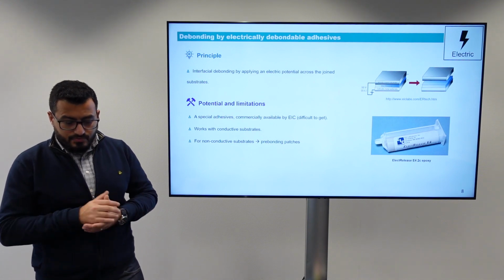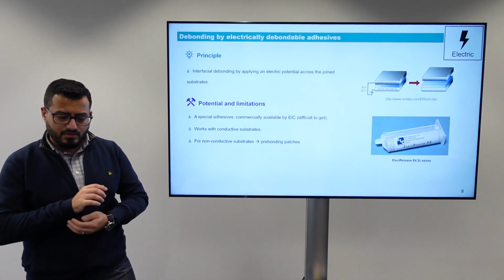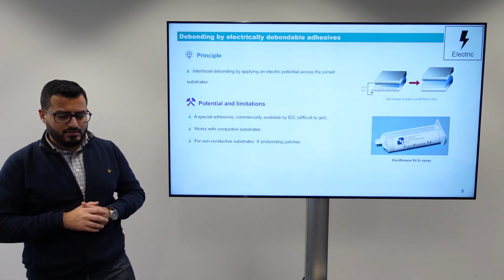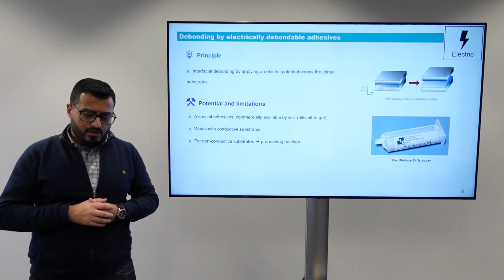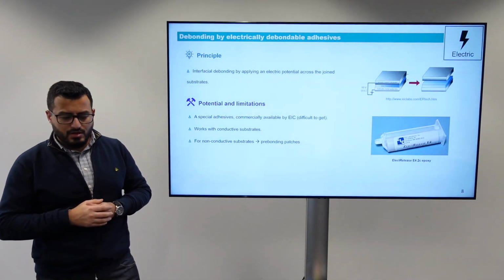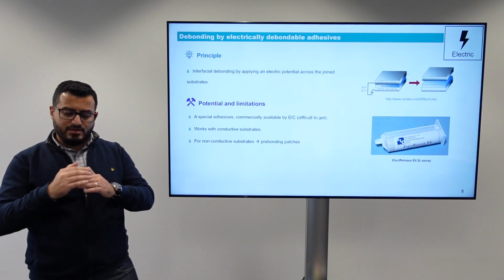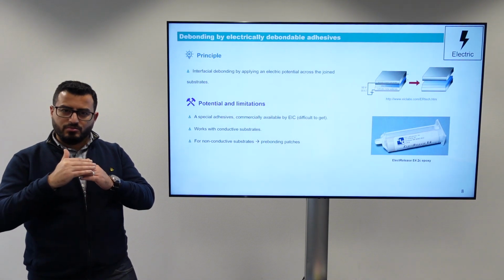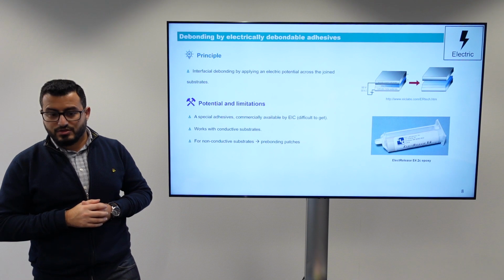Of course, these are special adhesives, so the commercial availability is a little bit limited by the quantities supplied by EIC, so it's a little bit difficult to get. And it only works with conductive substrates. Of course, there are certain solutions. If there are non-conductive substrates, there are pre-bonded patches made up of this adhesive sandwiched between two conductive substrates, and then this complete patch can be bonded to your non-conductive substrate.